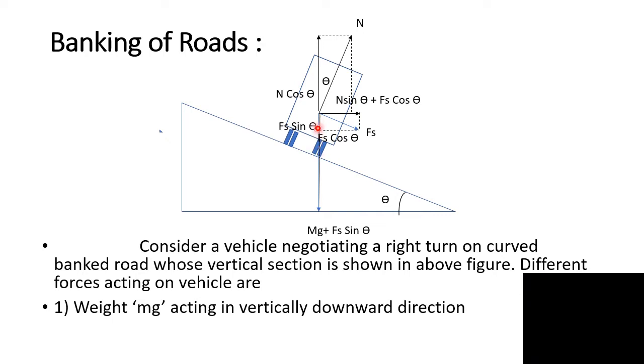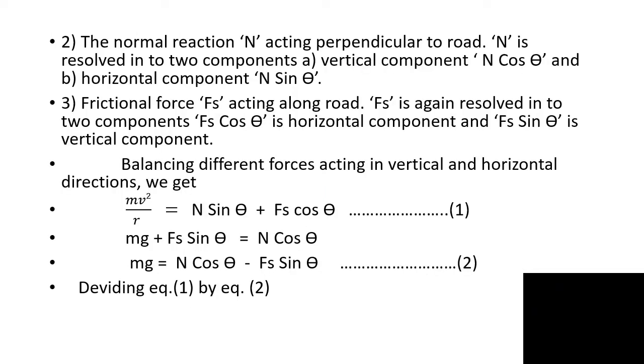Fs sin theta is directed downwards. The normal reaction is resolved into two components, N cos theta and N sin theta. Frictional force is also resolved into two components, Fs cos theta and Fs sin theta.